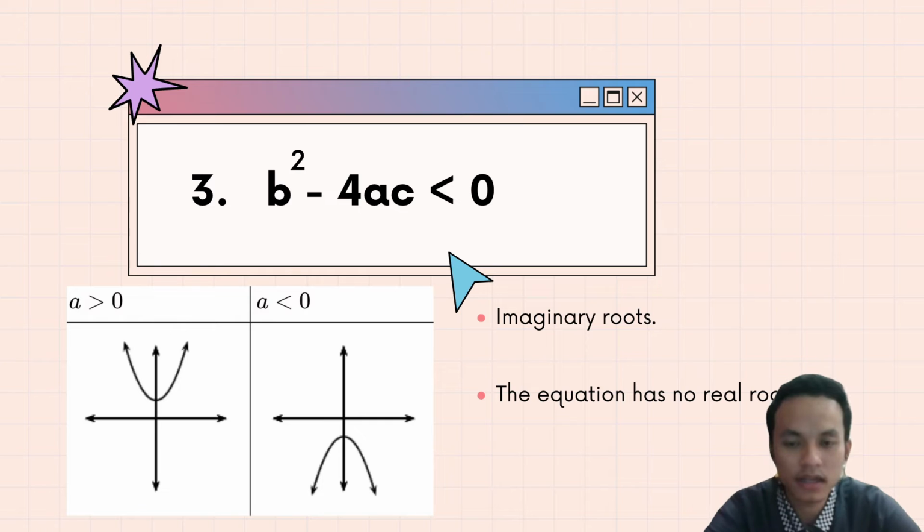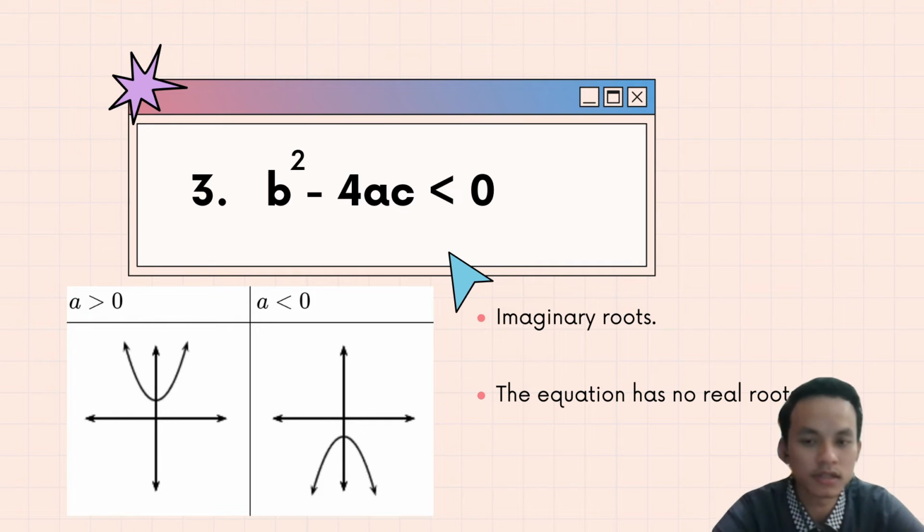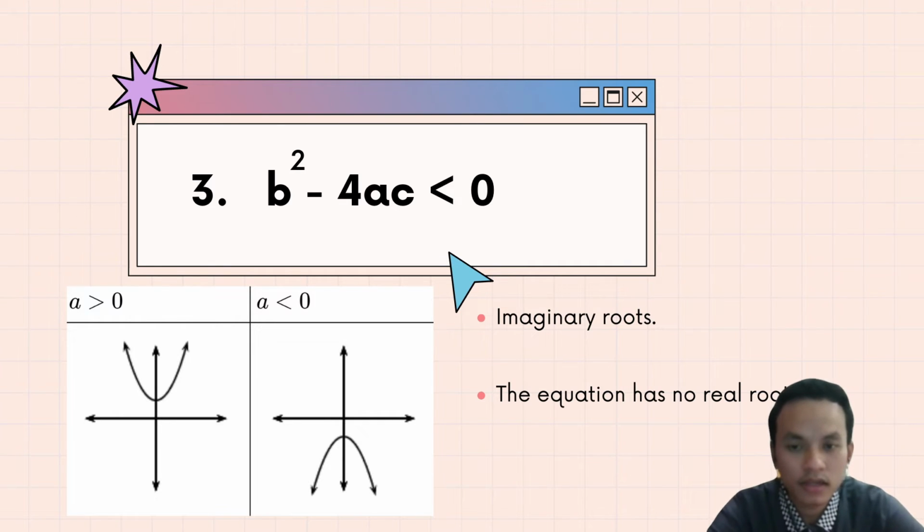The third type is called imaginary roots. The value of the discriminant will be negative, that is, b squared minus 4ac is smaller than 0. So, the curve does not intersect the x-axis at any point.